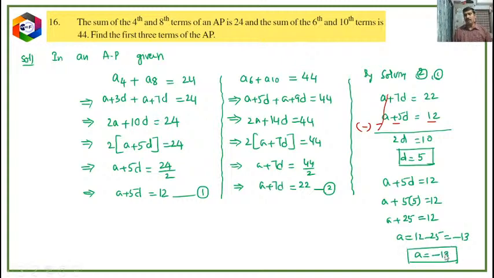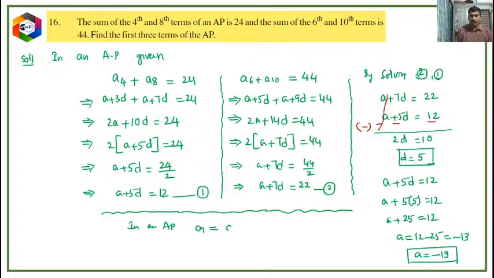Now we know the A value and we know the D value. So at last I am going to write here, children observe this. Now I am going to find the first three terms. In an AP, A1 is equal to A, which is equal to minus 13. Now A2 will be A plus D, minus 13 plus 5, which is equal to minus 8.